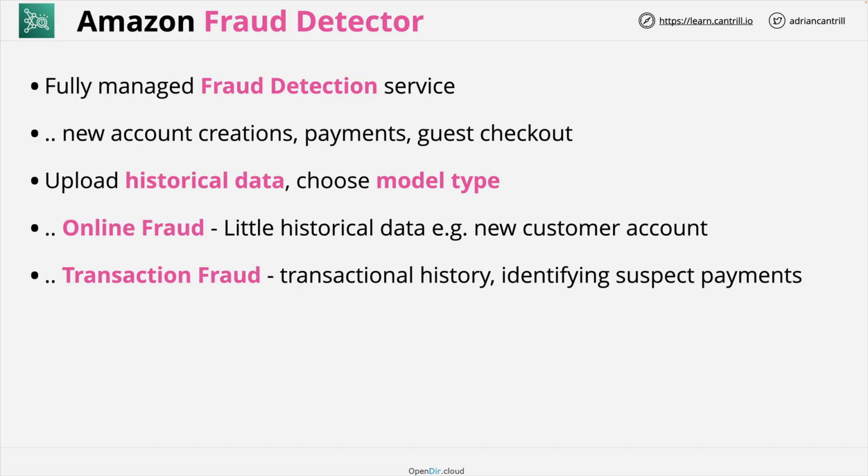Generally you do have a full purchase history for a customer, so for example what stores are used, the types of purchases that are used, the value of those purchases, the countries that the purchaser is in or the store is in, as well as the amounts and times of day. So you can build up a fairly good profile for a given customer of what their normal transactions are like. And this is what this particular model allows. So you can import the transactional history for one or more customers and use this to identify any suspect payments.